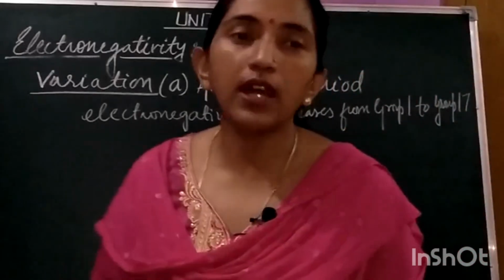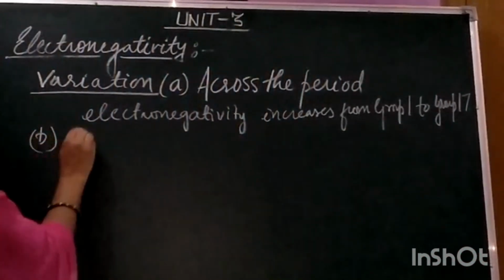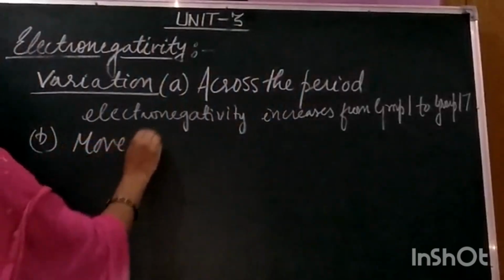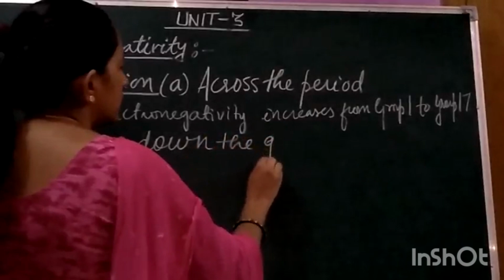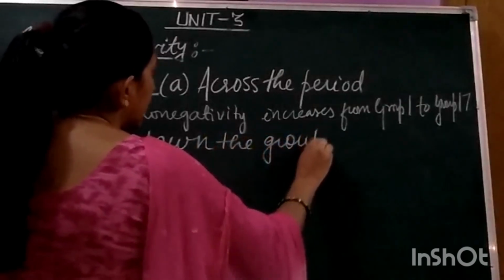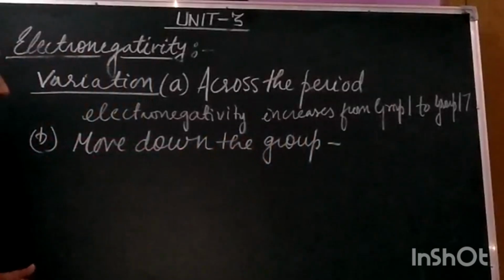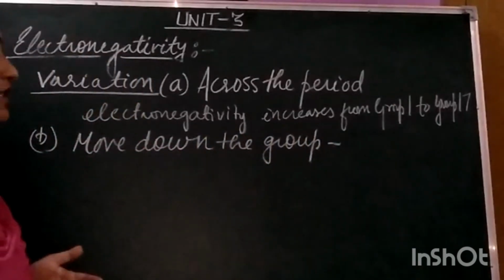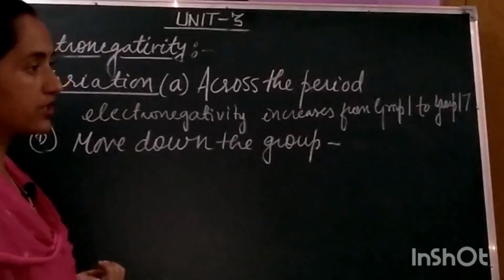Now students, when we move down the group, what happens? You know that when we move down the group, there is an increase in the size of the atom and a decrease in the effective nuclear charge.